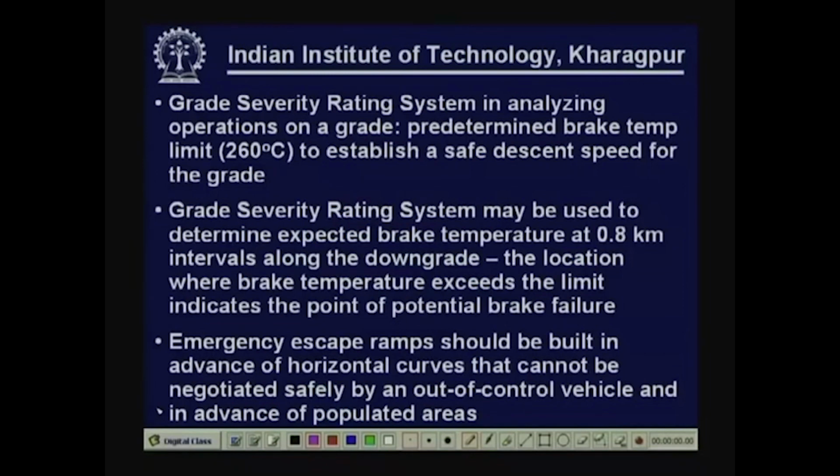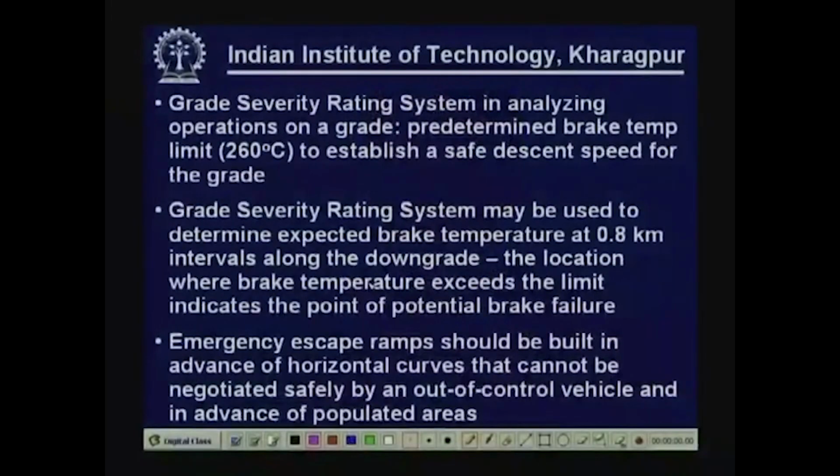Remember that using the grade severity rating system, it is possible to calculate the expected brake temperature at 0.8 kilometer intervals along the grade. So, the locations where the brake temperature exceeds the limit, say 260 degrees centigrade, indicate the point of potential brake failure.